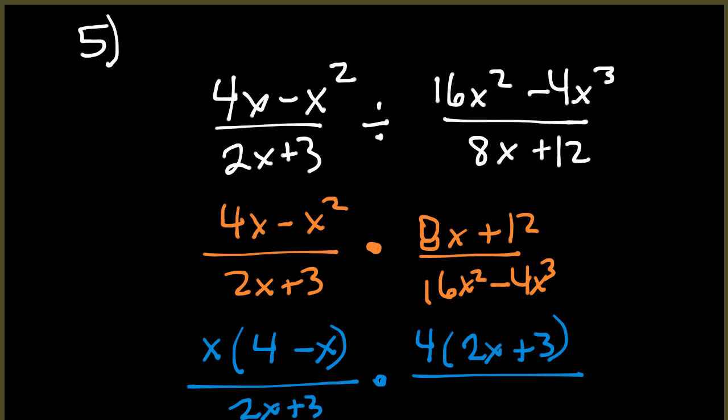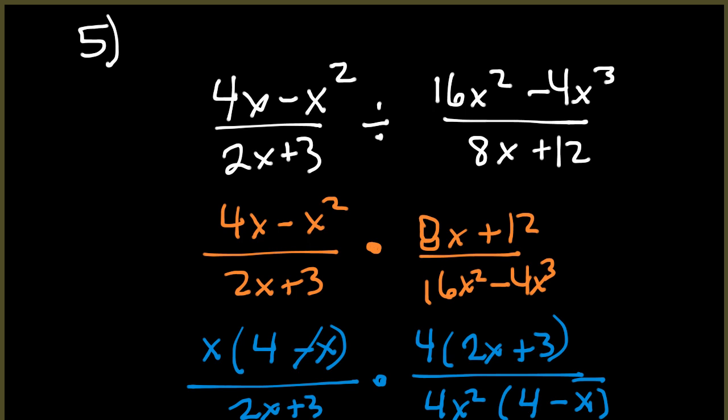In the denominator, I can divide out a 4x squared. What I'm left with is 4 minus x. Okay, so now I'm going to start doing my cross canceling.